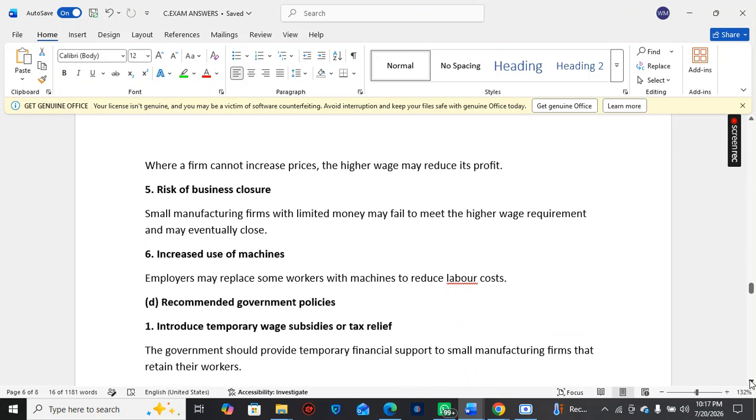You've got few workers at the office or at the factory. Your business might even close, in extreme cases. I don't think it's regular for businesses to close, but there can be cases where the minimum wage increases and you can't maintain your labor force, so your business has to close. Any questions, additions, or subtractions?